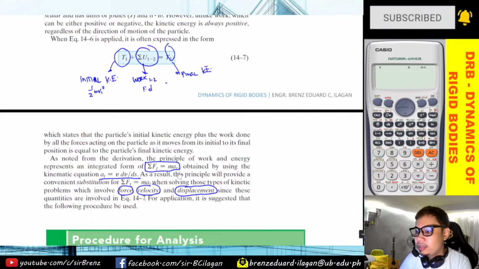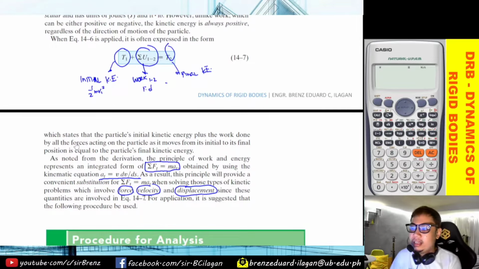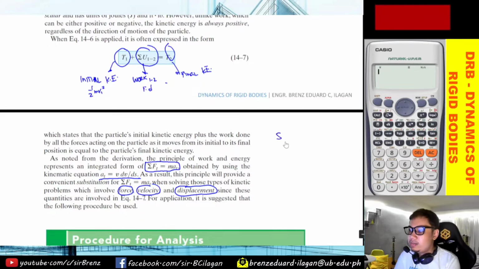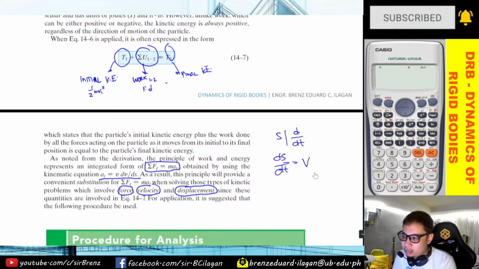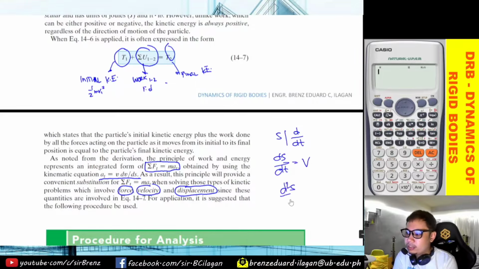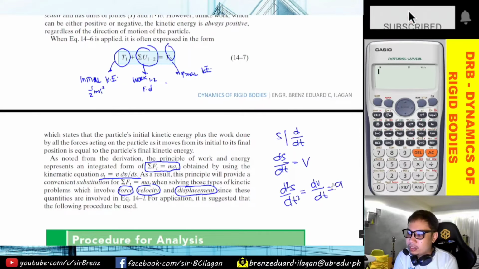Okay? So again, kung maalala doon sa ating previous topic, yung kinetics of a particle, di ba yung displacement kapag dinifferentiate mo siya with respect to time, magiging ds over dt. So velocity na yan. Kasi ito, pag dinifferentiate mo ulit, magiging d squared s all over dt squared, or dv over dt, or equals lang din siya sa acceleration.